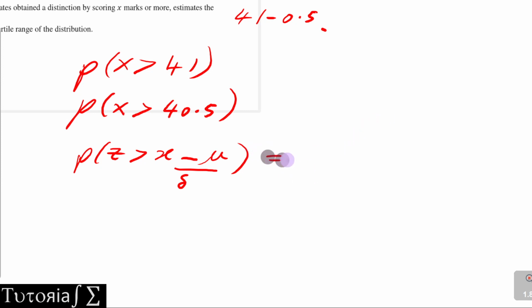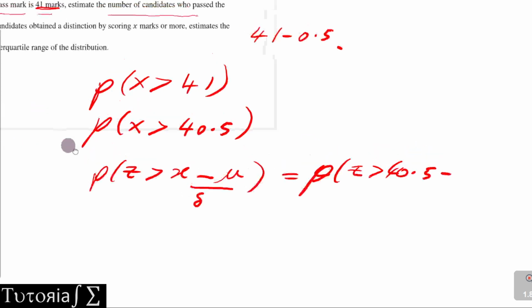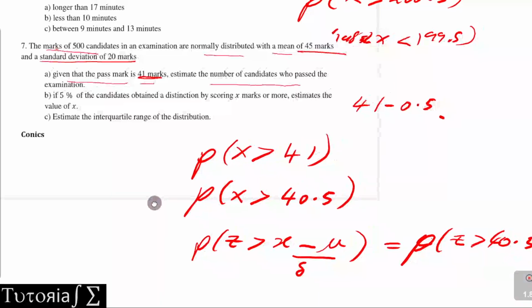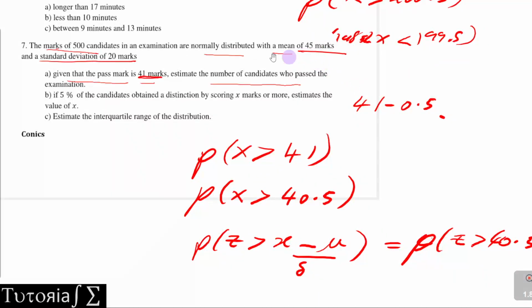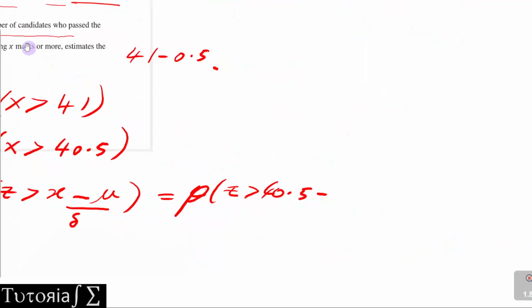So here we would say that is the probability of Z greater than 40.5 minus the mean. So what was the mean score that was given? So the mean was 45 and the standard deviation was 20. So that is 40.5 minus 45, divided by 20, sorry, not minus.